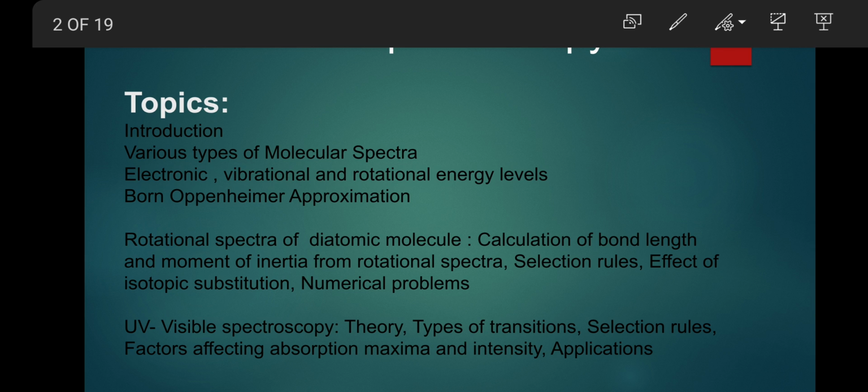Spectroscopy involves different types: UV visible, IR spectroscopy, NMR spectroscopy, EPR spectroscopy, mass spectroscopy, Raman spectroscopy, fluorescence spectroscopy, Mössbauer. Like that, there are different types, but that is the basis of analysis of any compound.